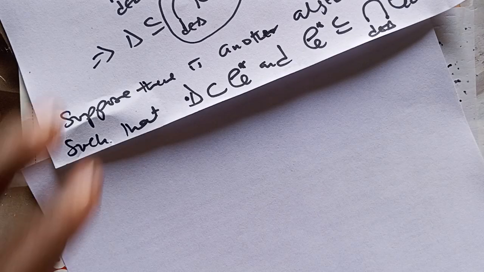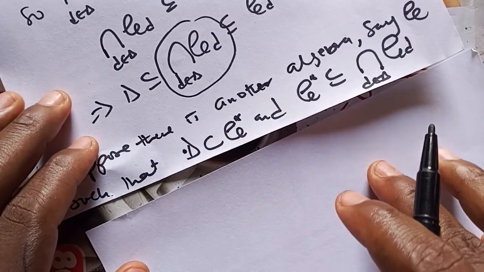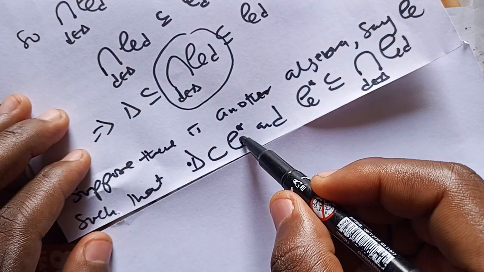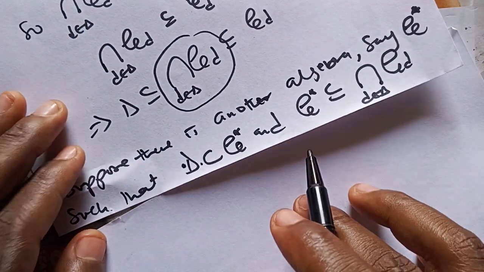Okay, so now let's see if we can show that it is unique. Now since this is an algebra containing D, what does this mean?